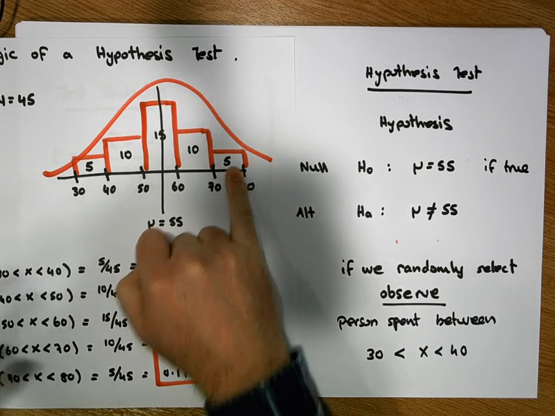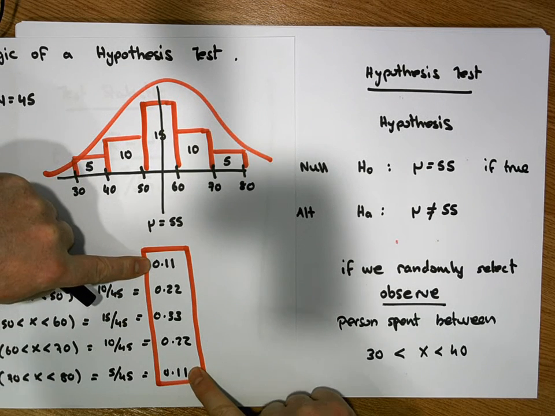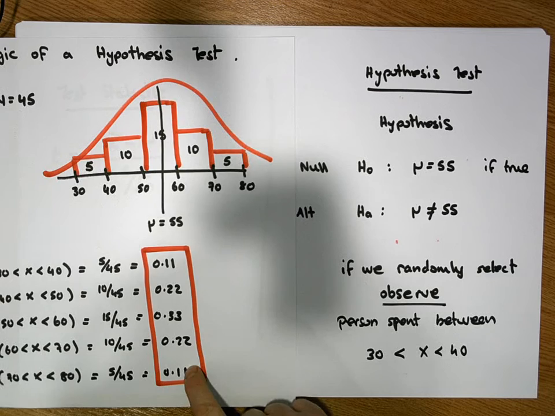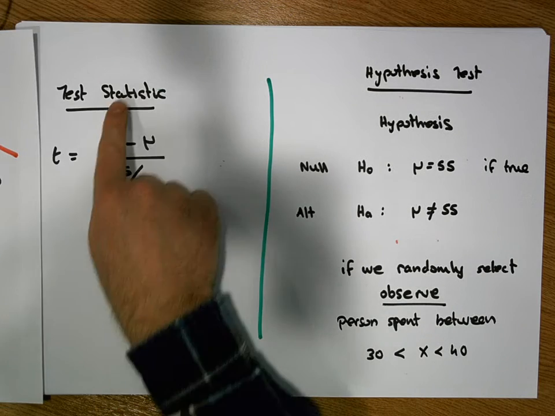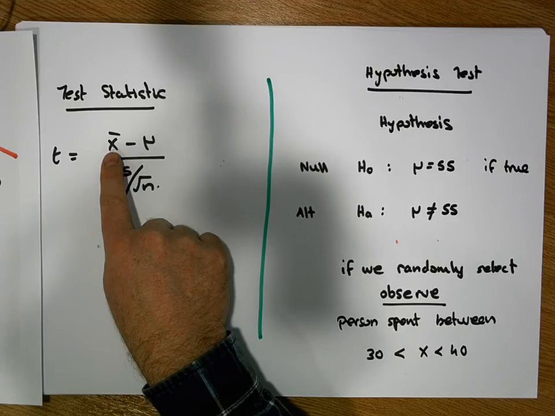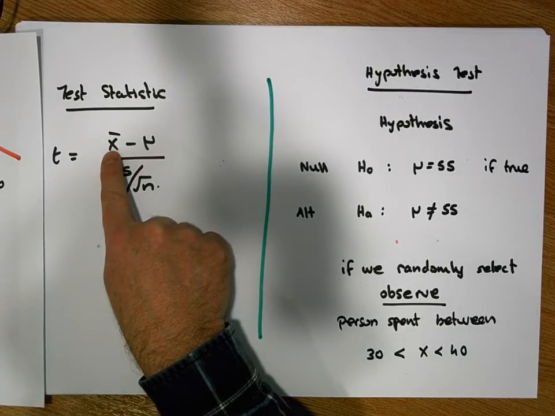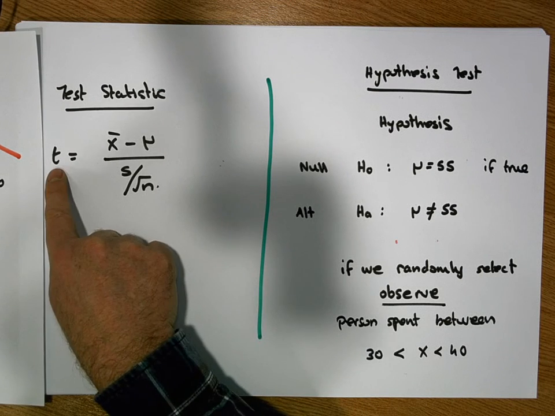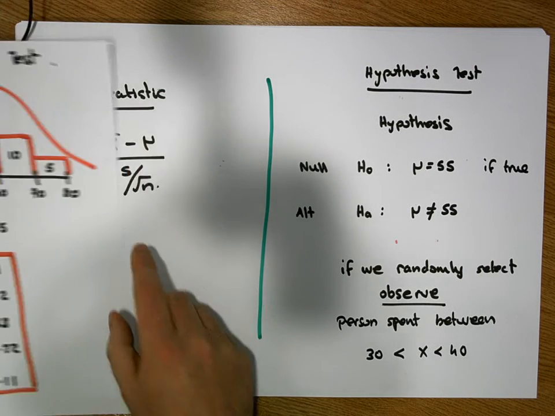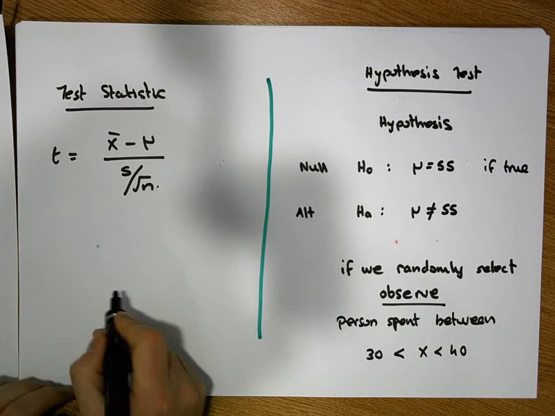And things that happen in the tails have a very, very low probability of occurring if this is true. So our test statistic calculates how far our evidence is from our hypothesized distribution, and it calculates that in standard units. So the larger the test statistic, the more evidence to suggest that we're in the tails of the distribution.